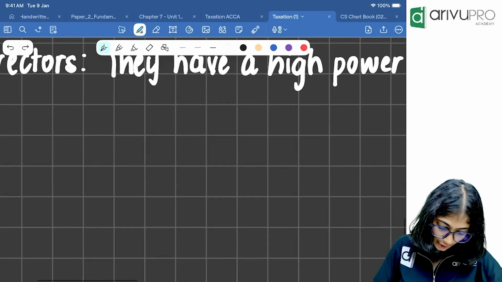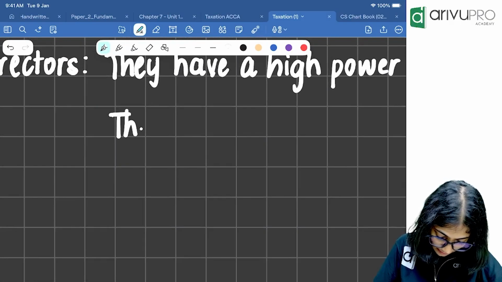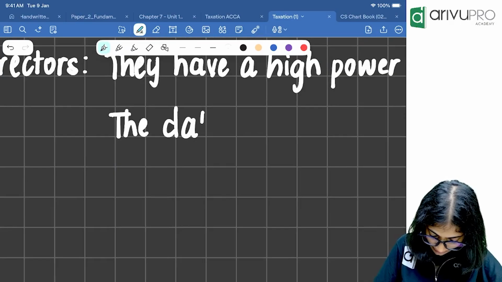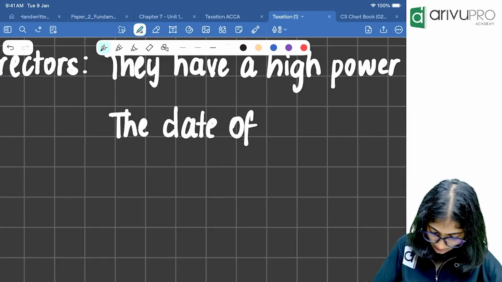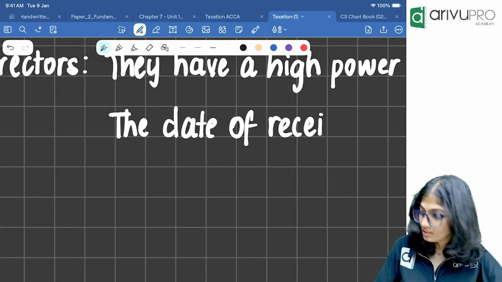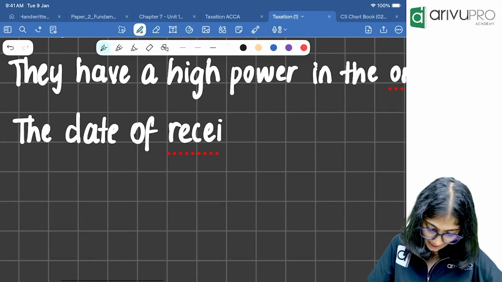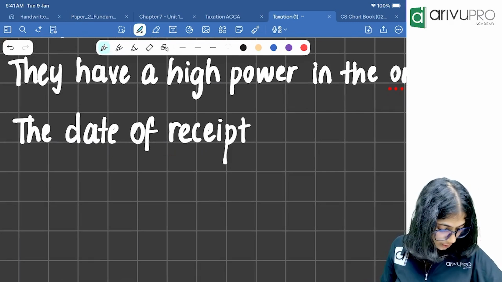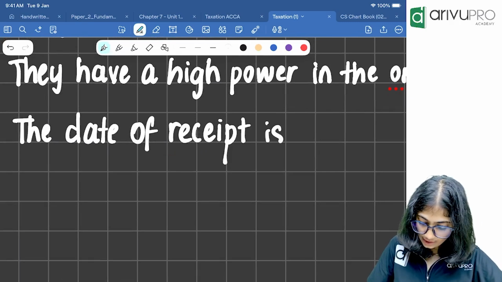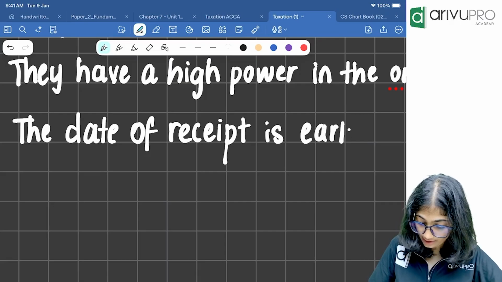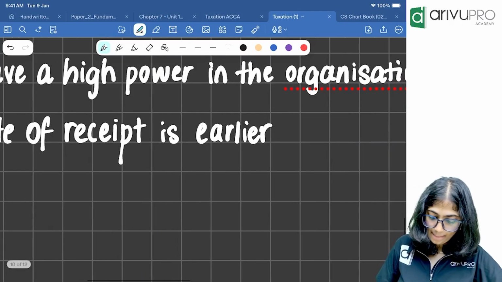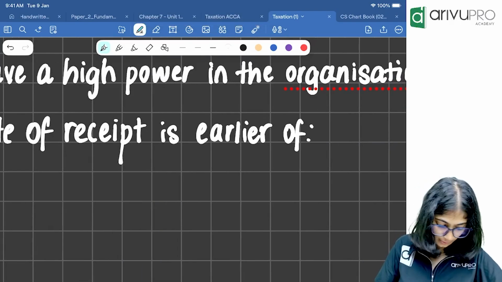Here, the date of receipt. I'm zooming in a lot, haven't I? The date of receipt is the earlier date itself, but not just these two.